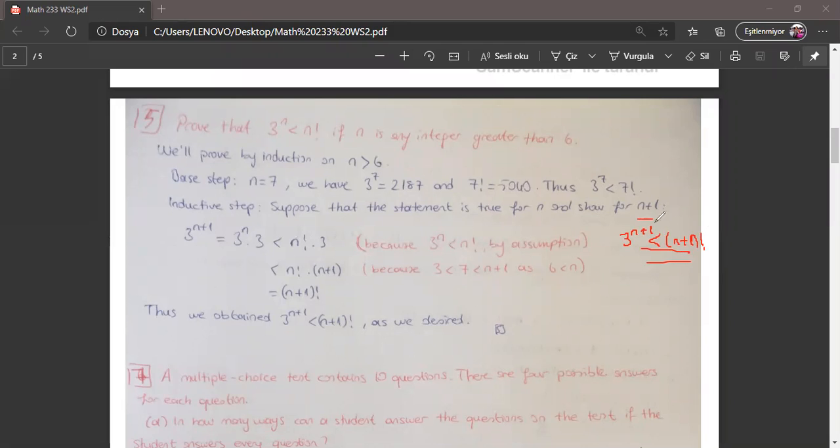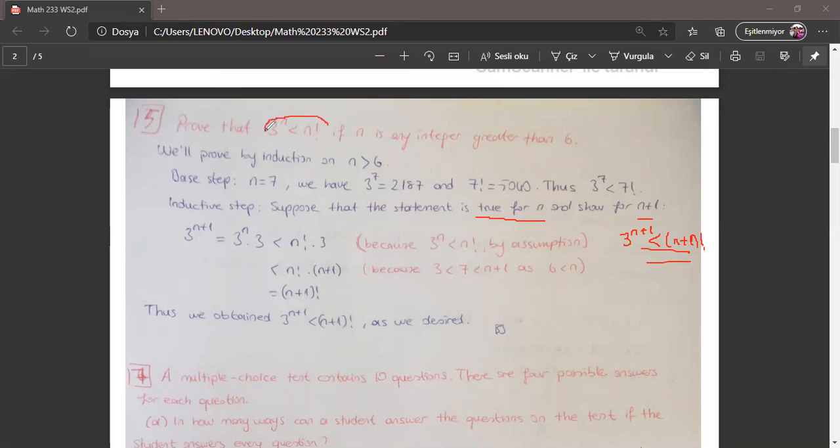So let's start with the left side of the inequality. Here we have 3 to the n plus 1, which can be written in this form, 3 to the n times 3, which is less than n factorial times 3. Why? Because we assume that it's true for n.